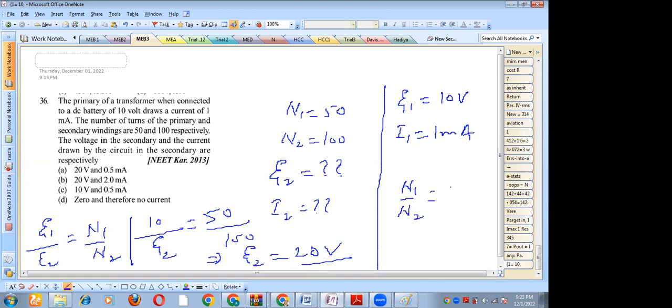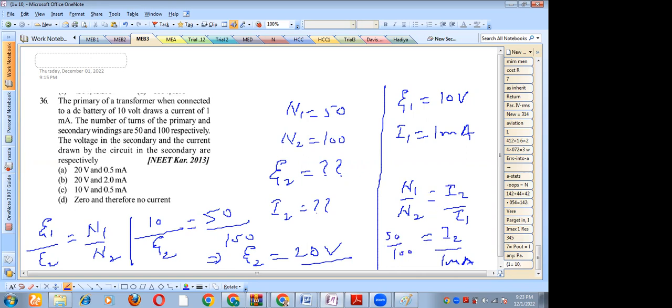Also we can do it like N1 by N2 is equal to I2 by I1. So I2 we have to calculate. I1 is 1 milliampere and N1 by N2 is 50 by 100, right?